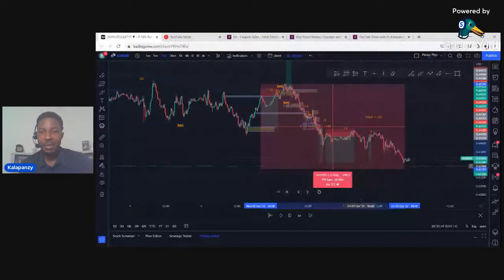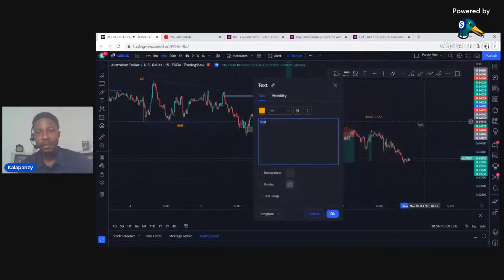Imagine being able to grow your account by 22% in 2 days. So 22% in 2 days, and we have 20 trading days in a month. That would translate into 20 trading days.